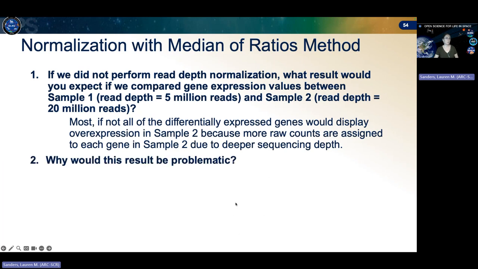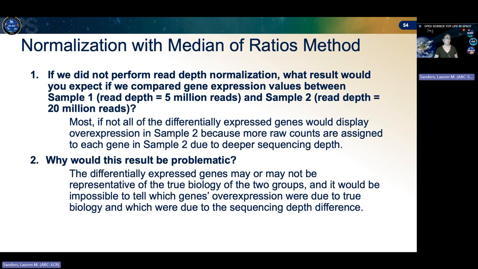This would be problematic because we can't be sure if this is representative of the true biology. Some of this may be due to biology, some of it may be due to sequencing depth difference.